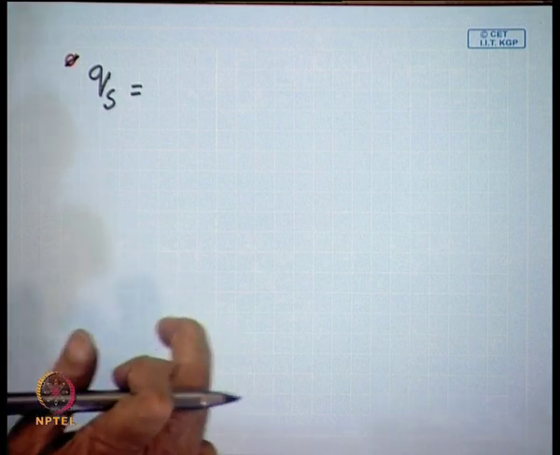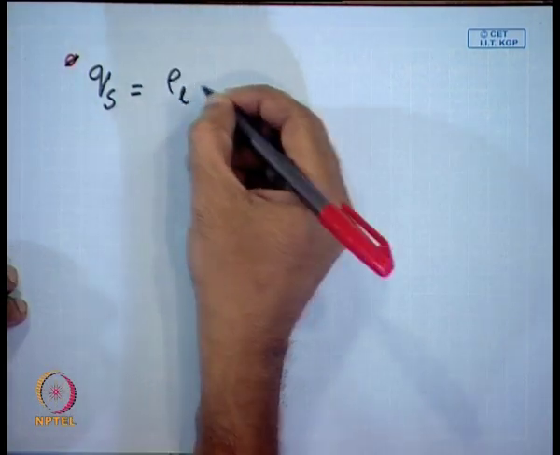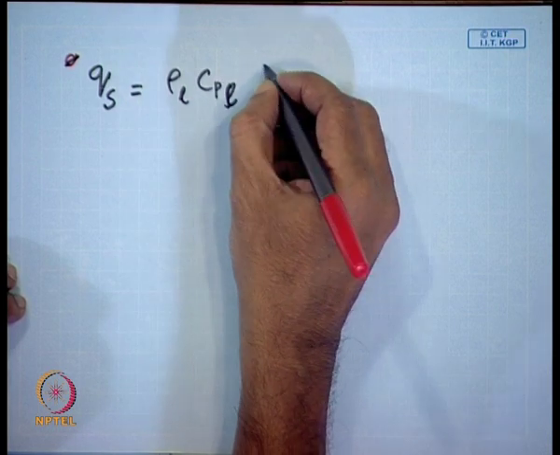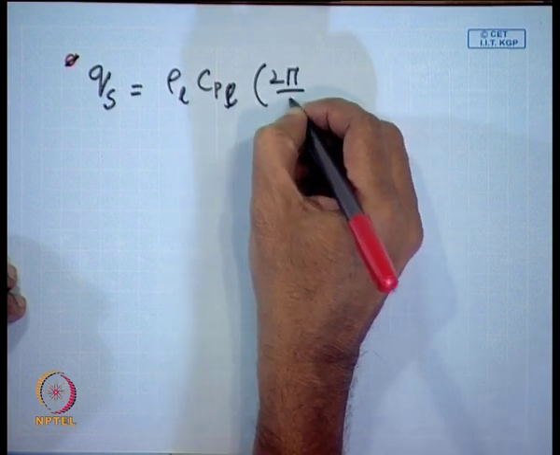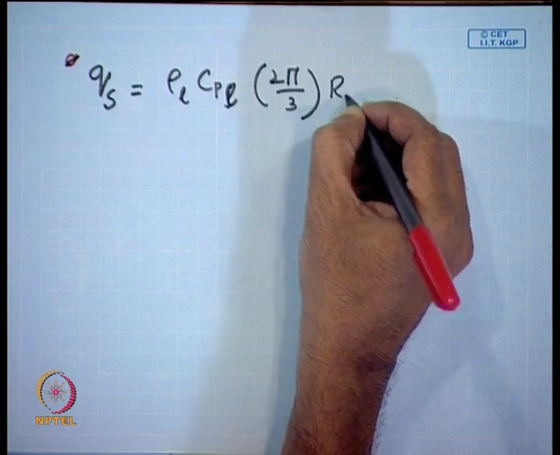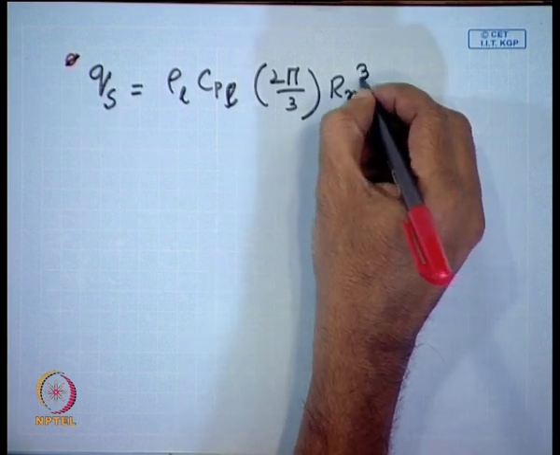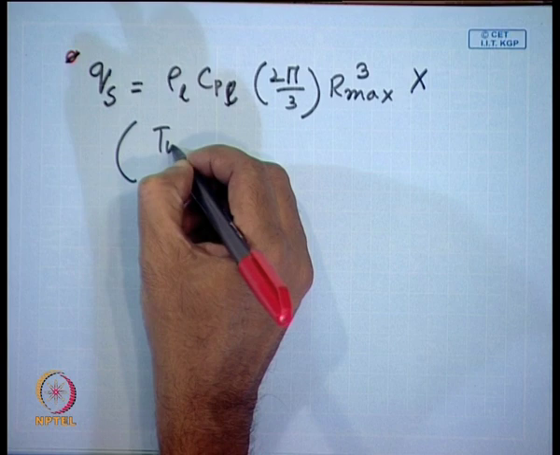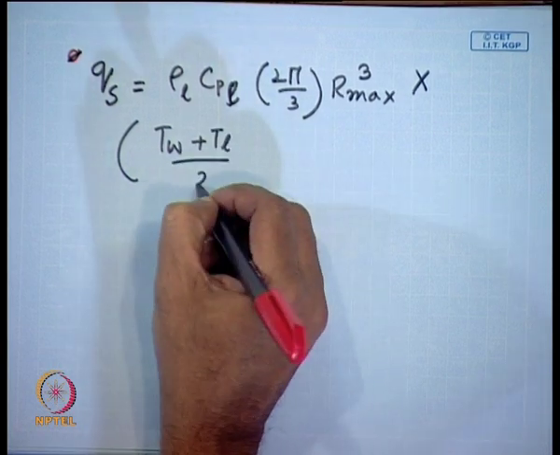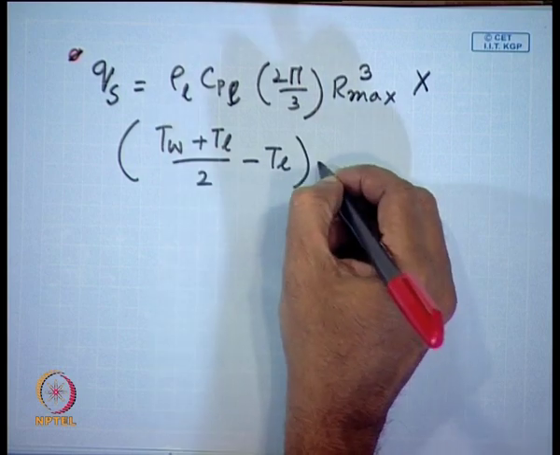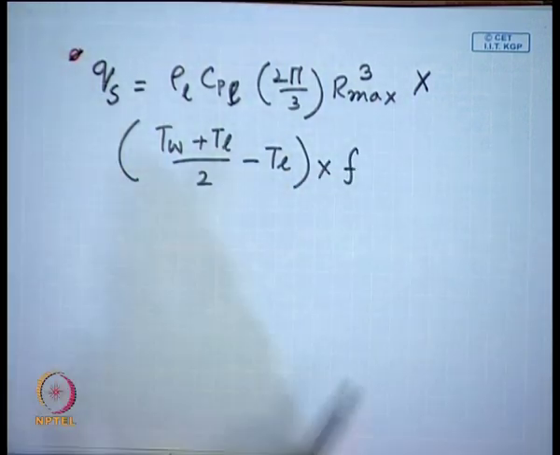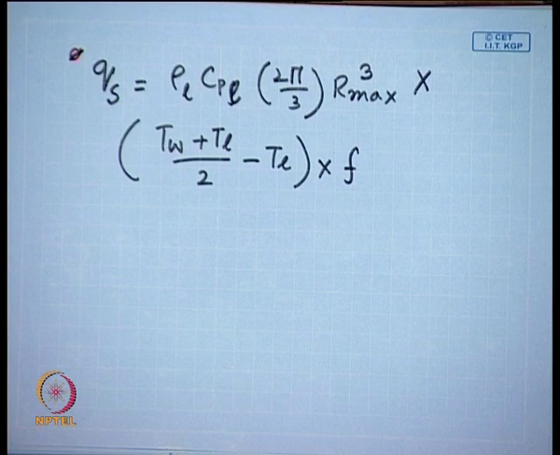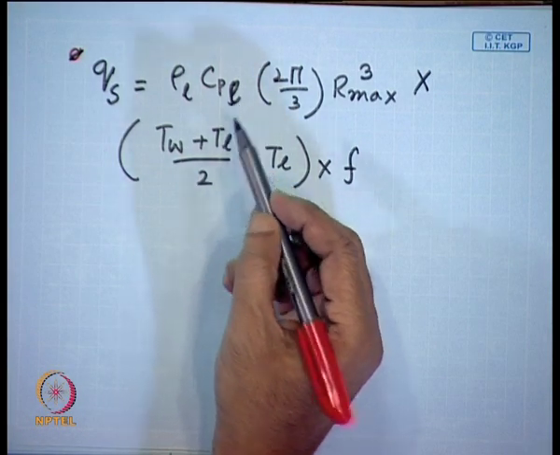The equation for heat transfer will be Qs equal to rho L C P L times 2 pi by 3 times R max cubed, multiplied by (T W plus T L) by 2 minus T L, multiplied by F. Qs is the heat flux, rho L is the density of the liquid, C P L is the specific heat.